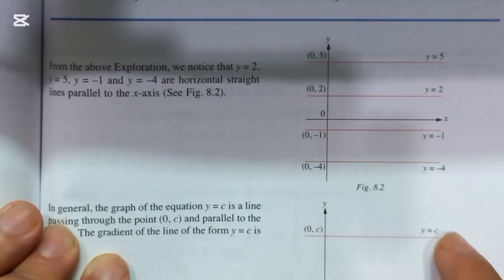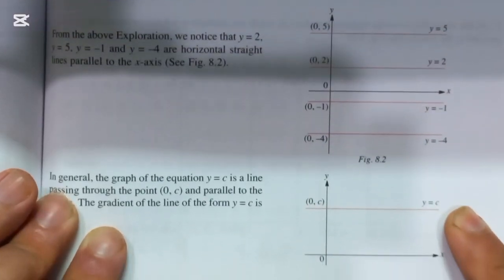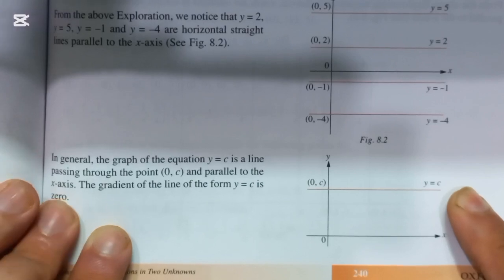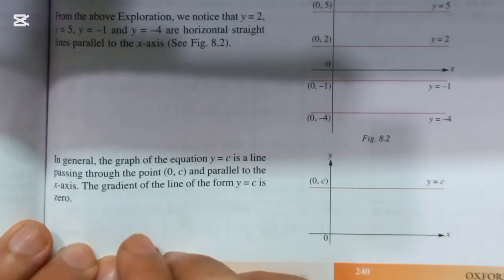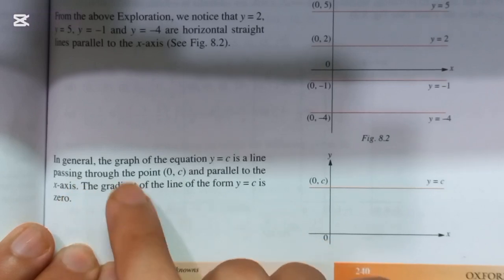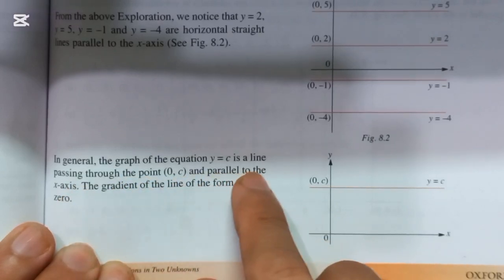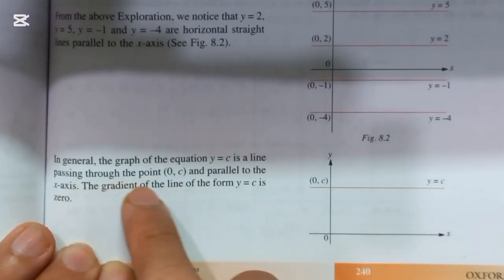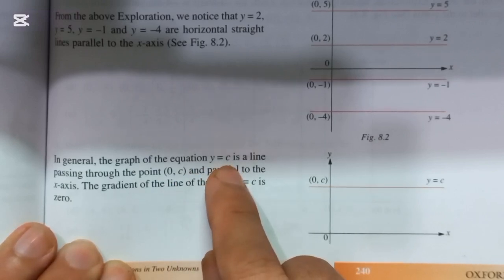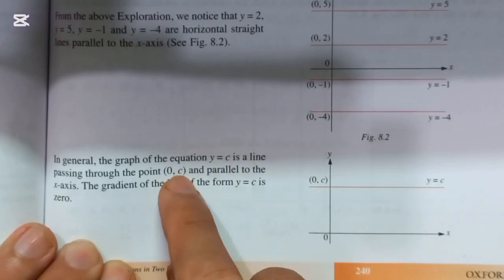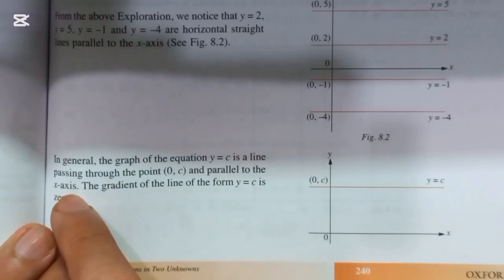So the next thing that is very important for you people to understand as far as your papers are concerned, in general, the graph of the equation y is equal to c is a line passing through the point (0, c). So whatever the point that is equal to c will be here, (0, c), and parallel to the x-axis.